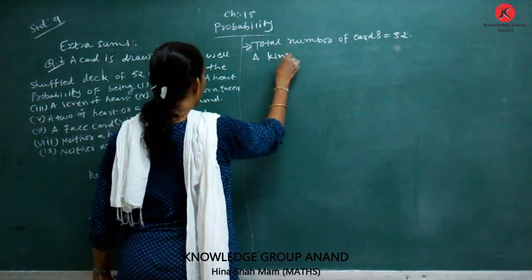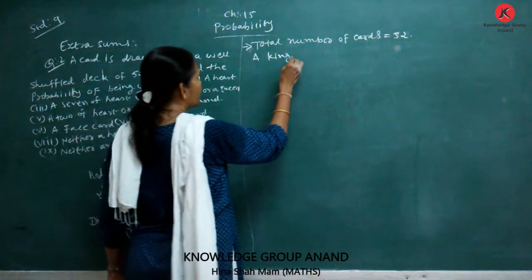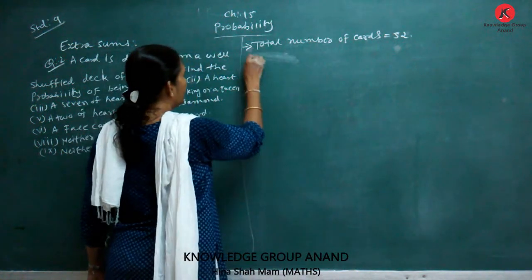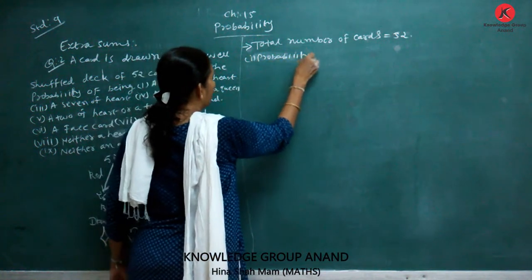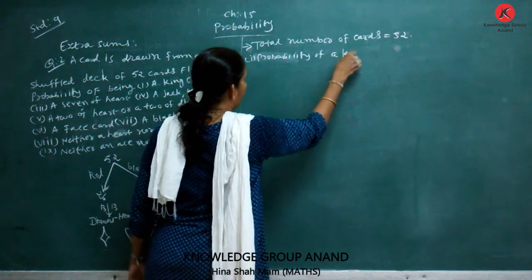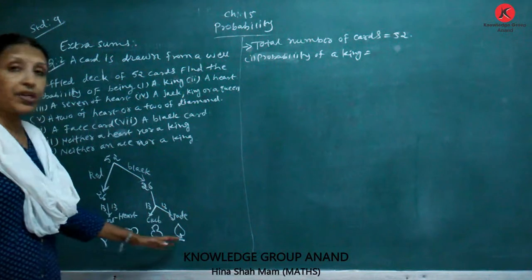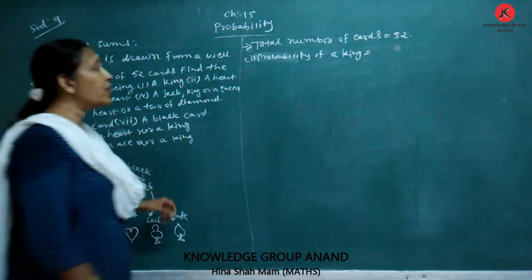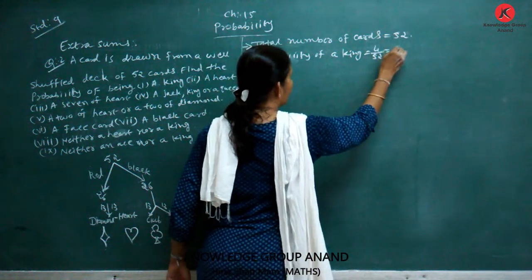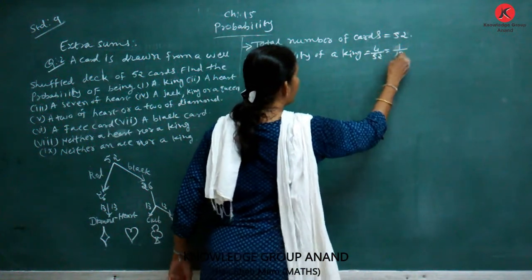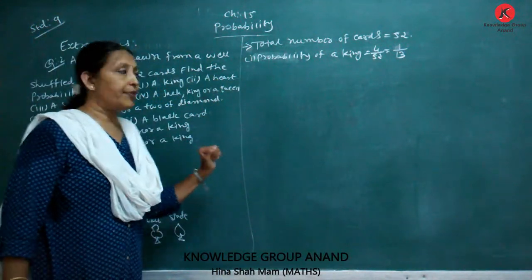Probability of a king is equal to the number of kings, 4, upon 52, which is 4 by 52, or 1 by 13.